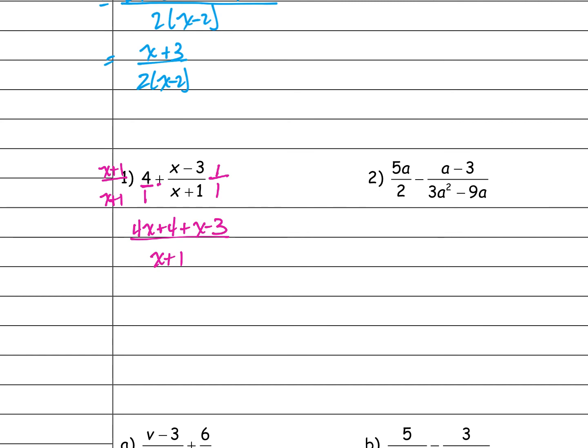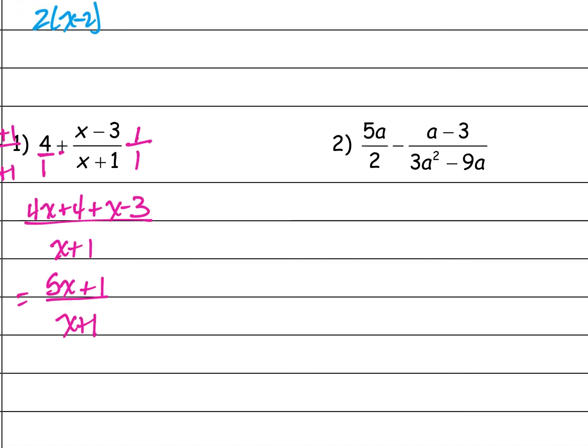So what do I get? 5x plus 1 over x plus 1, and I can't simplify that. Okay, beautiful.